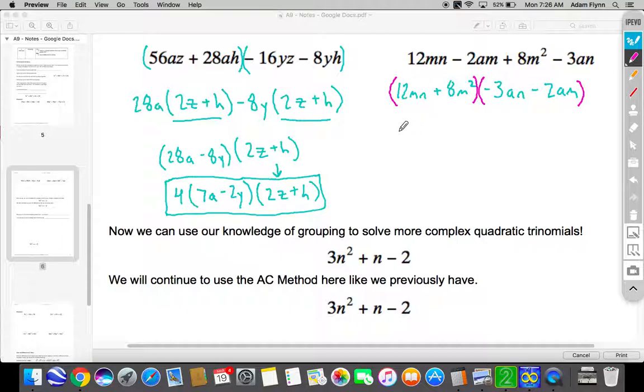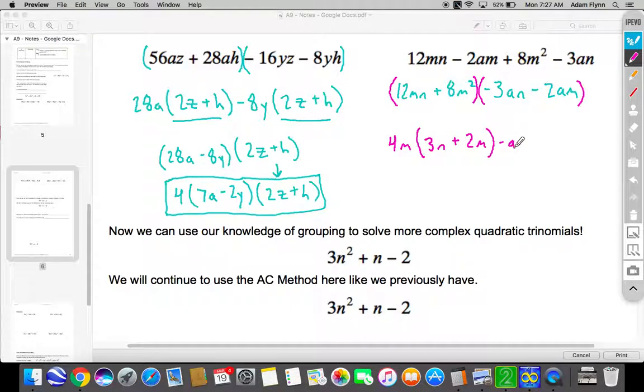I know here I can pull 4m out of both of them, and that will leave me with 3n plus 2m. And looking over here, I can pull out an a, and I can also pull out a negative sign, and that should do it.